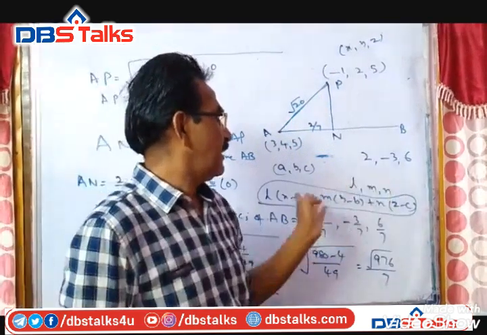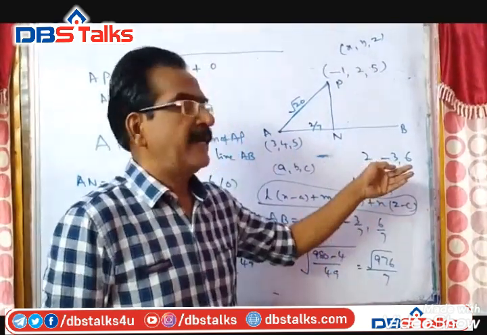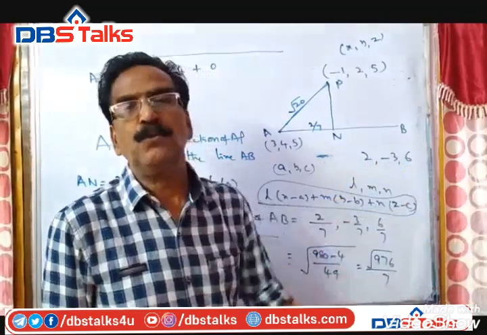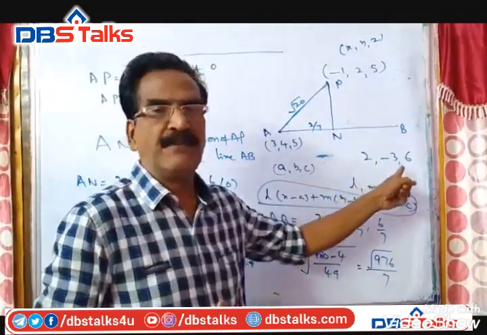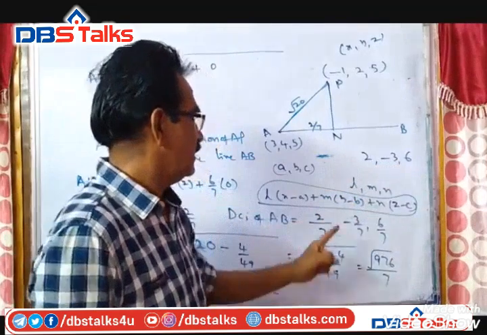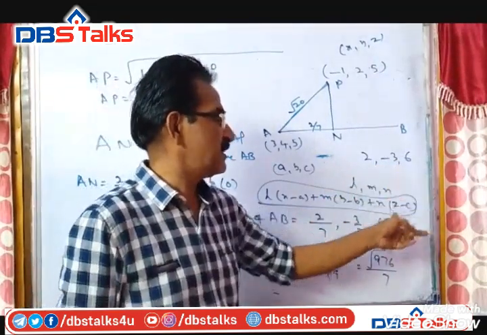So here the direction cosines are proportional to 2, minus 3, 6. Therefore we can find the direction cosines: 2 by 7, minus 3 by 7, 6 by 7.